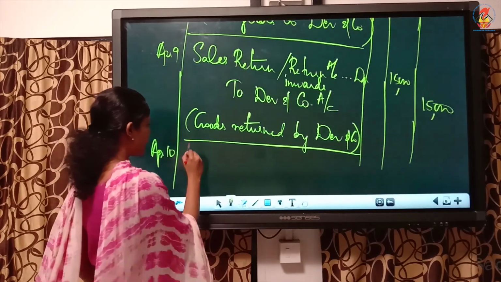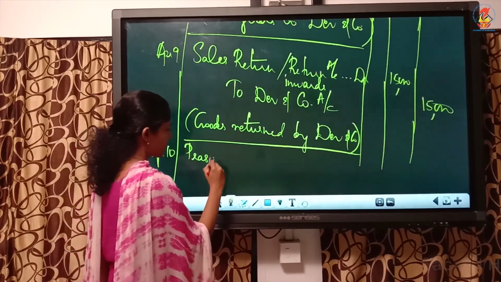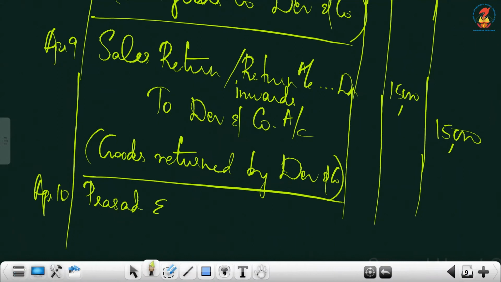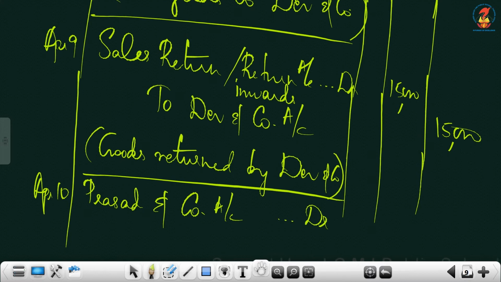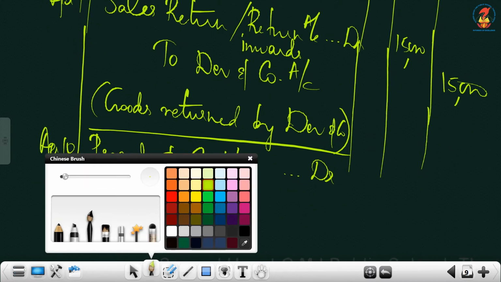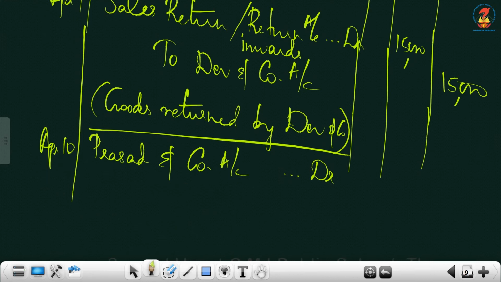So the journal entry is just like this, it's a reverse. Prasad and Company's account debtor to purchases return.